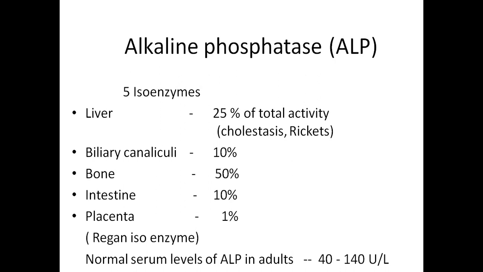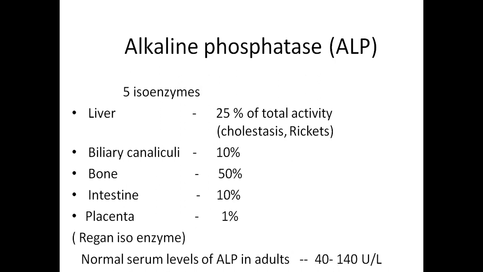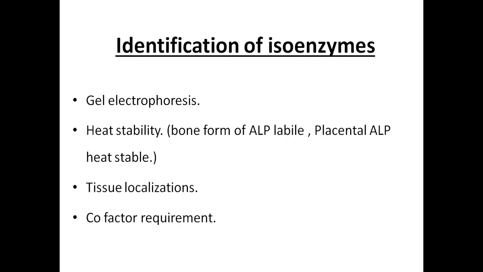Since it is majorly present in bone, it is a good marker for bone pathology and bone related disorders. Normal serum value of ALP is about 40 to 140 units per liter.